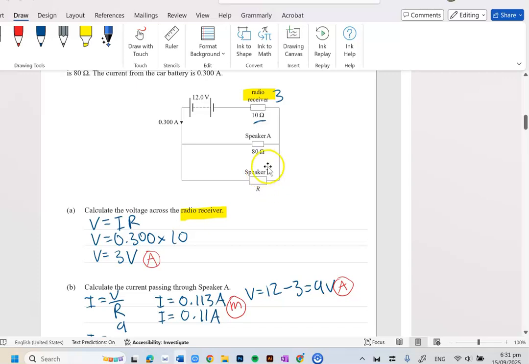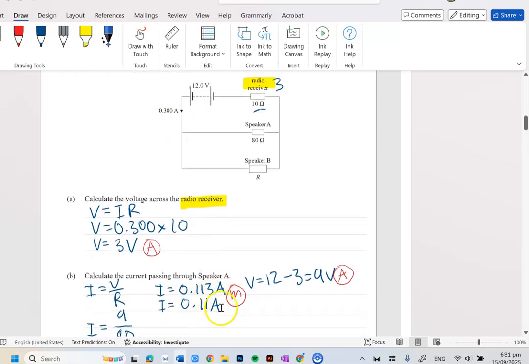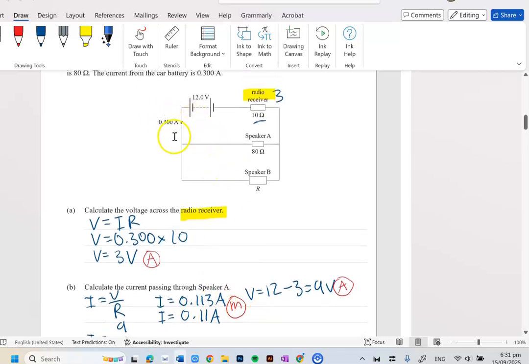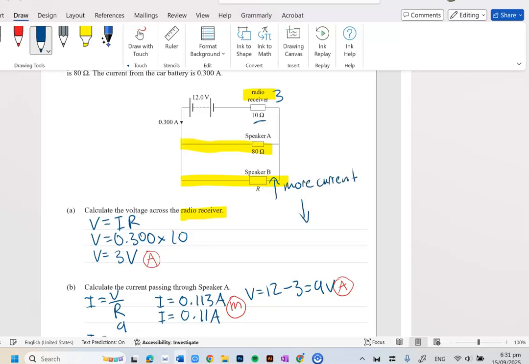Because if we wanted to find the current for speaker B, it's just 0.3 minus what we calculated for speaker A, because they will share the current. The current's going to flow through there, and it's going to flow through there. So this will get more current. There's going to be more current, which means there's going to be less resistance, because the voltage stays the same.